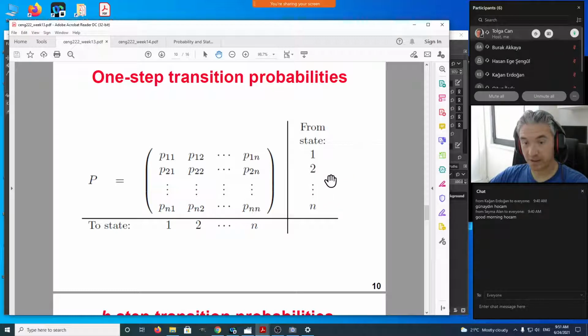This is how the successive powers of this matrix are computed, by multiplying this n by m matrix with itself. So if you take the h power of this matrix, the values in that h power, P to the h, give you the H-step transition probability from I to J.